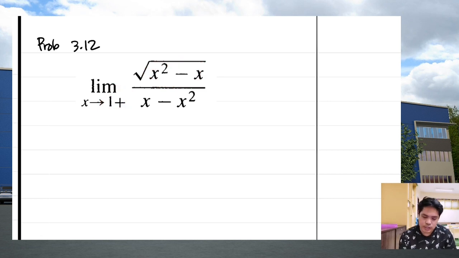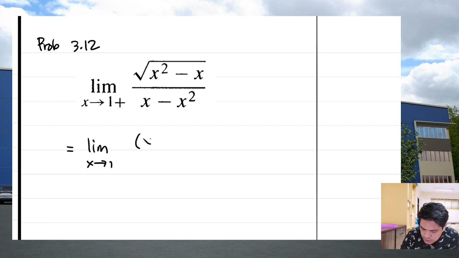So how do we solve this? Ito siya, very easy lang. But naging example pa to. This is very easy because what we can do is pwede natin manipulate konti. I would look at square root of x squared minus x na very similar dito na sa x minus x squared, because this could be written as x squared minus x raised to 1/2, right?